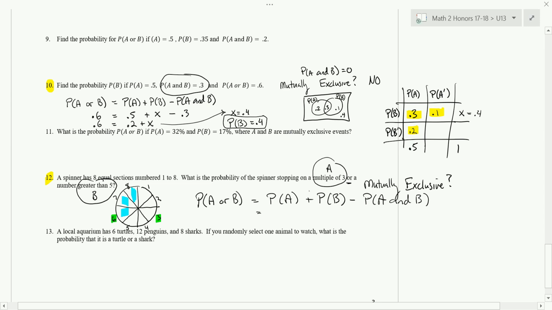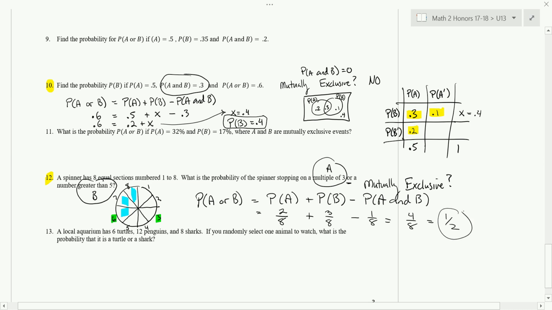A is the multiple of 3. There's 2 out of 8. And then the probability of B would be 3 out of 8, because there's 3 numbers bigger than 5. And what's the probability of both happening at the same time? 1 out of 8. Add that up, you get 4 out of 8, which is 1/2.